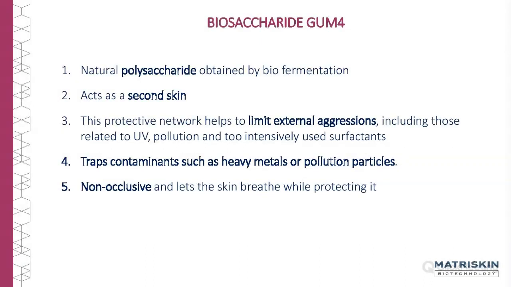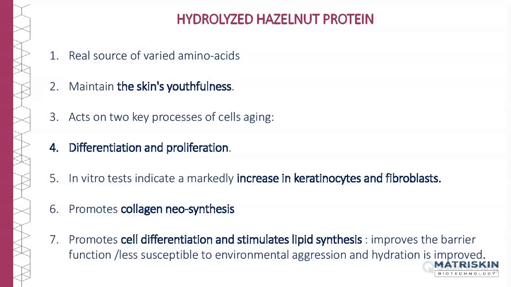And it basically helps us to form a non-occlusive layer. So non-occlusive meaning that the skin is still able to breathe, but it performs a vital function because it restores barrier function almost immediately so that we lose less of our natural moisturizing factors present in the skin already.